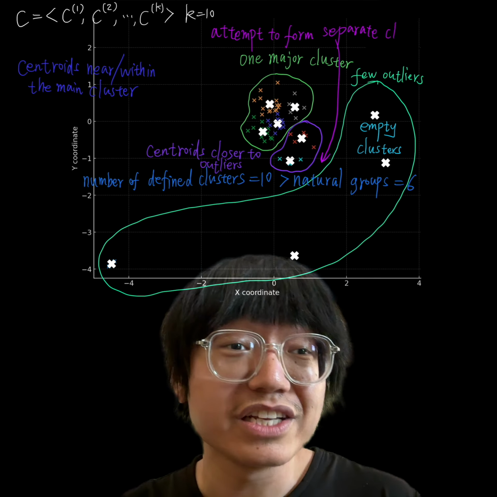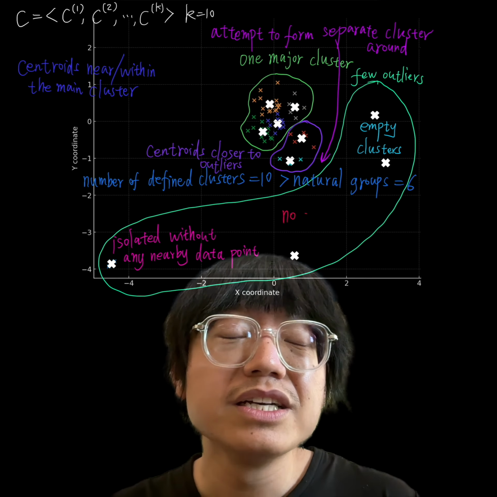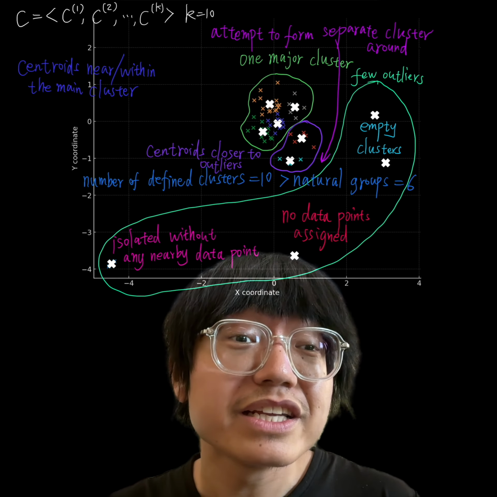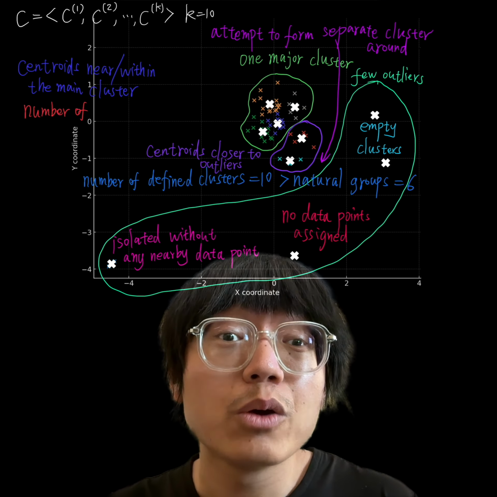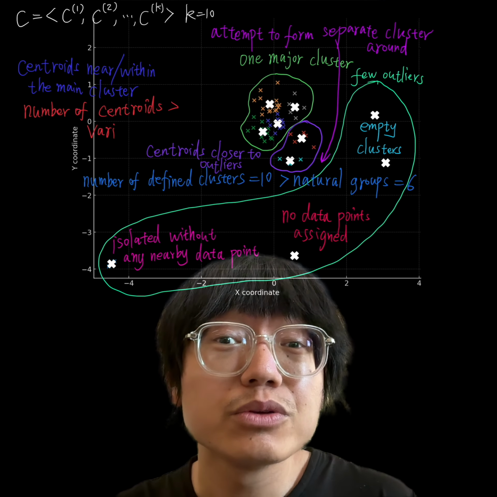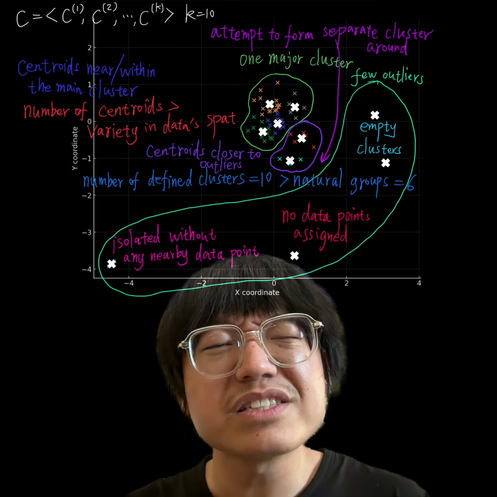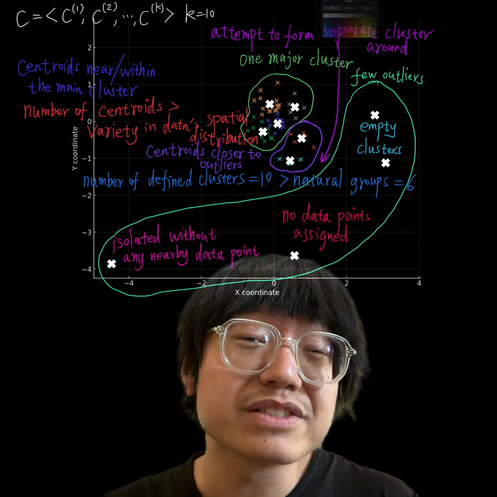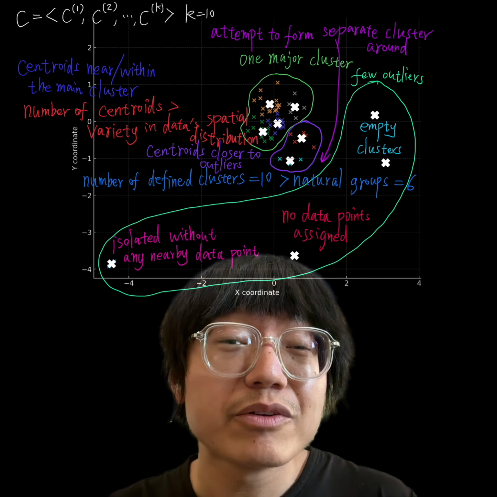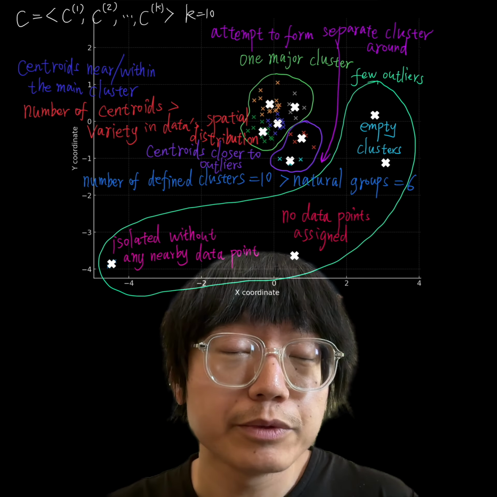Some centroids are isolated without any nearby data points. These represent empty clusters, where no data points were assigned during the k-means process. This occurs because the number of centroids exceeds the variety in the data's spatial distribution.